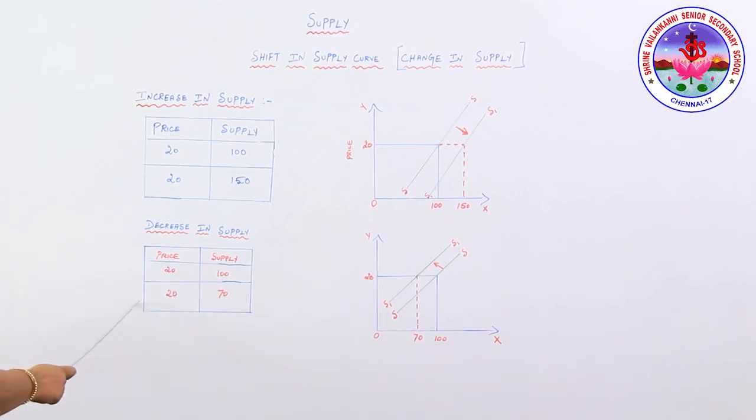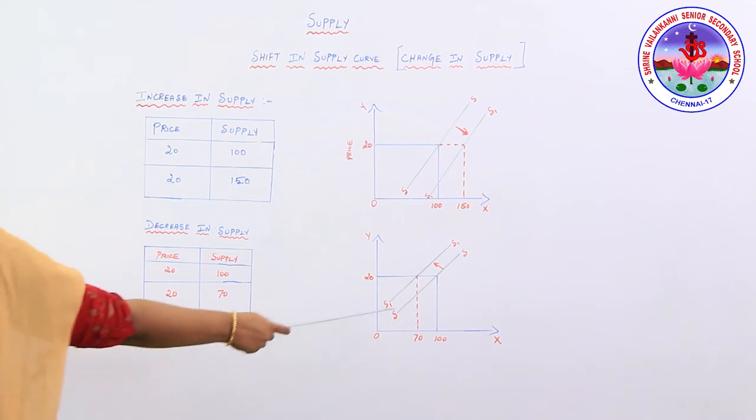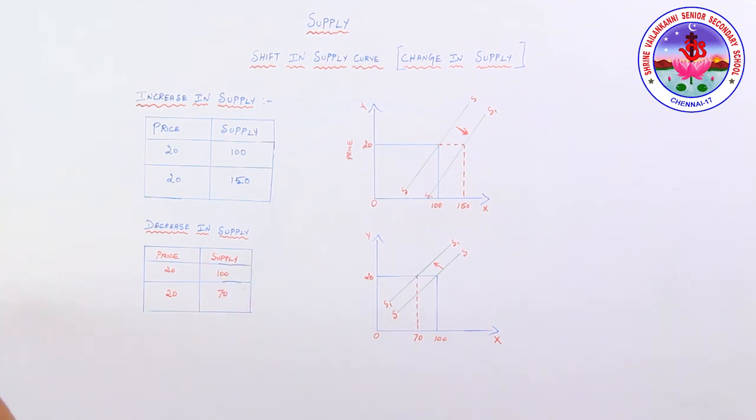In this schedule as well as in the diagram, supply falls from 100 units to 70 units at the same price of 20 rupees. That results in a leftward shift in the supply curve from S to S1. We are calling it a decrease in supply.